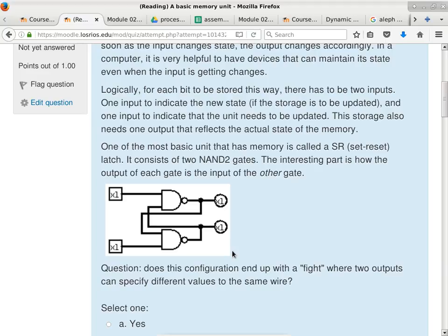The output of the top gate becomes one of the inputs of the bottom gate. The output of the bottom gate becomes a part of the input of the first gate. And this is the first time we see something like this, where the output goes back into the input, and they seem to be interlocking.